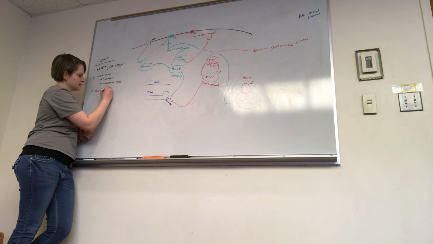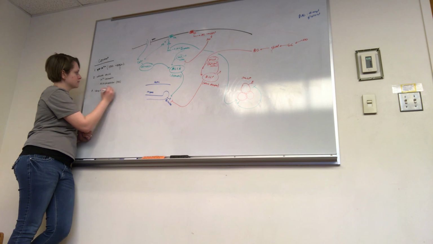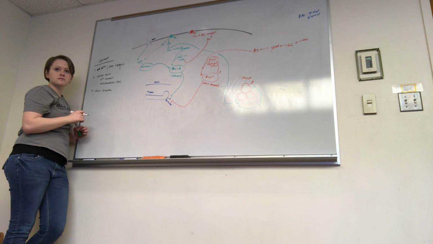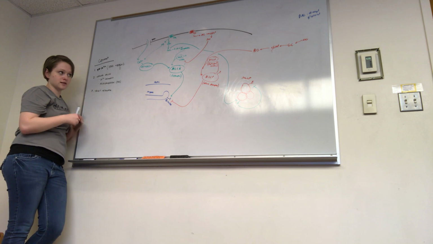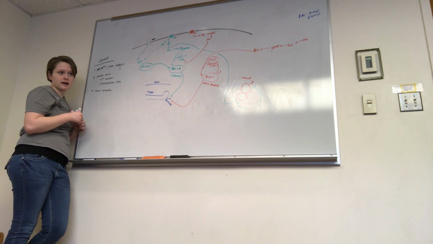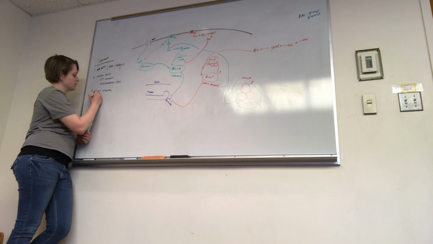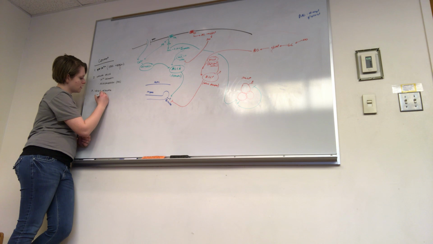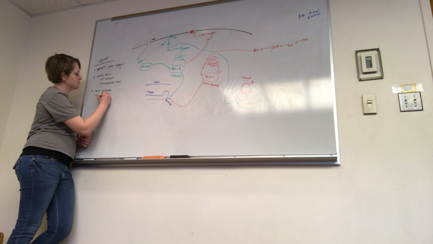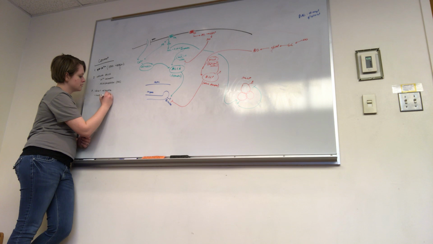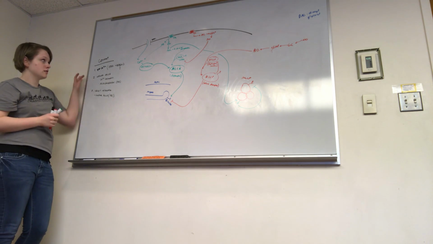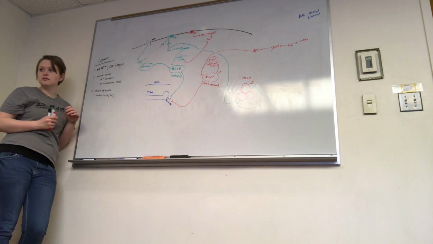How is that done? Do you want myosin light chain phosphatase to be active or inactive? Inactive. So it's inactivating MLCP via PKC.